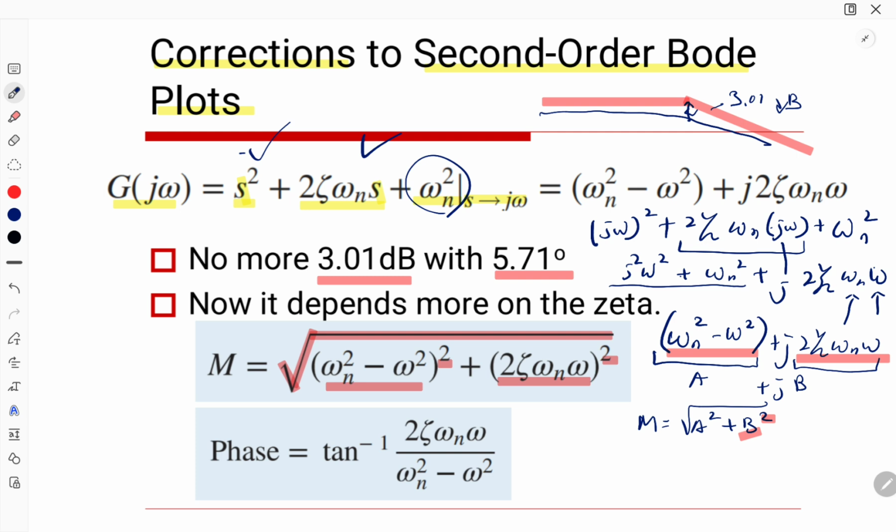But now it is second order, so it's something coming, but it will be steeper. Instead of minus 20 dB per decade, it will be minus 40 dB per decade.